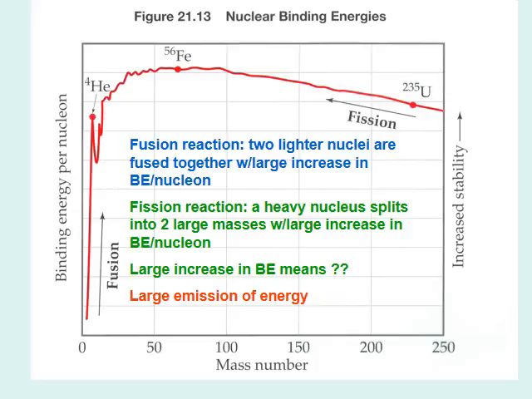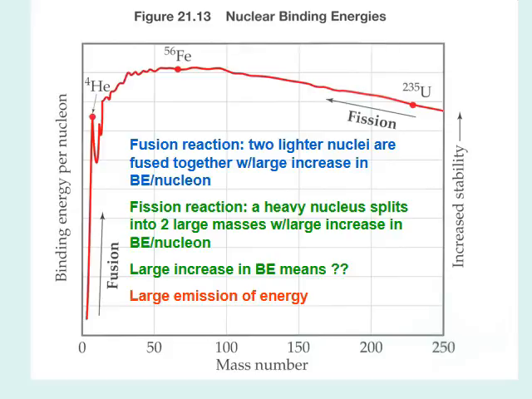Now, in this graph, you're looking at how nuclear binding energy changes in both fusion reaction as well as fission reaction. Fusion reaction tells us when you have lighter nuclei, if you fuse them together, there'll be a large increase in binding energy.